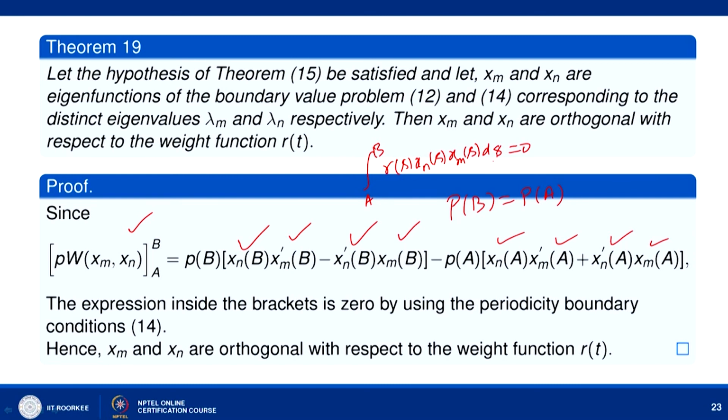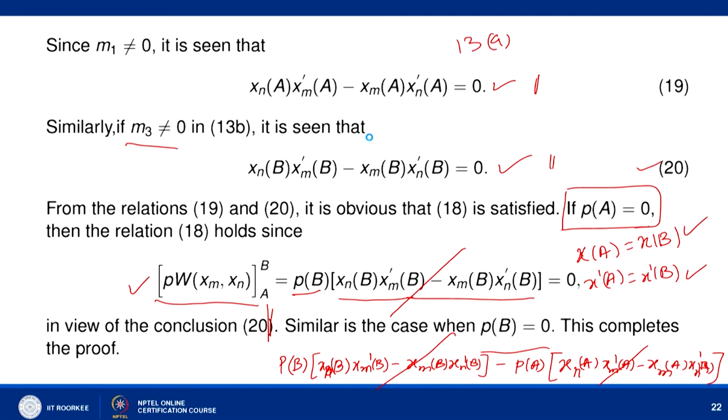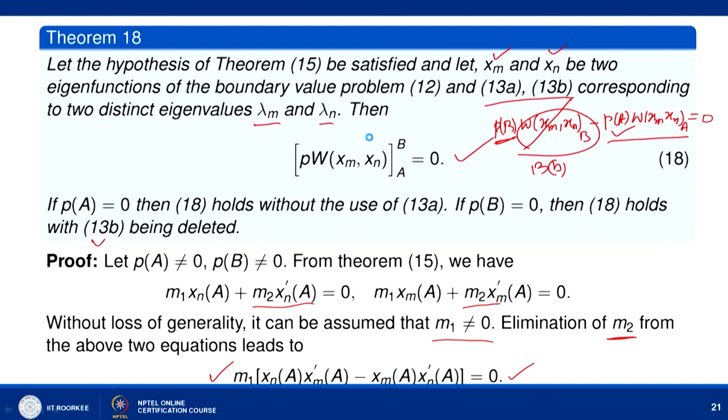So in case of periodic boundary condition, that is P(b) equal to P(a), x(a) equal to x(b) and x'(a) equal to x'(b), this quantity is 0, and hence x_n and x_m are orthogonal to each other with respect to the weight function r(s). And the previous theorem says that if we have the separated boundary condition, then this is automatically true. Here we need not assume that P(a) equals P(b), but when we consider the case of periodic boundary condition, then we have to consider the function P(x) also.